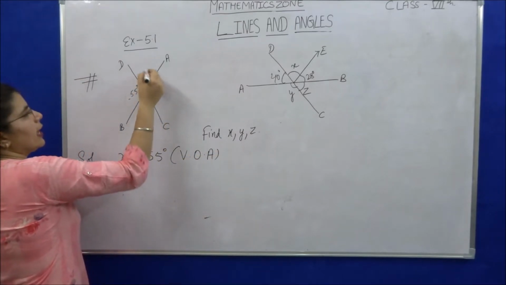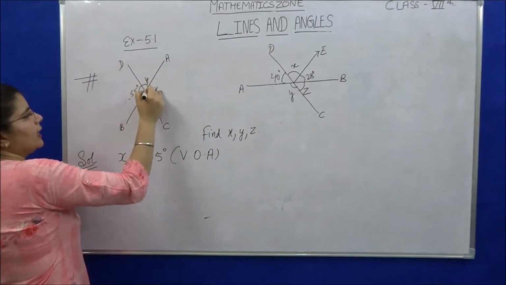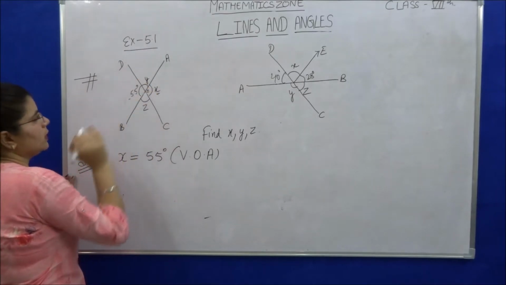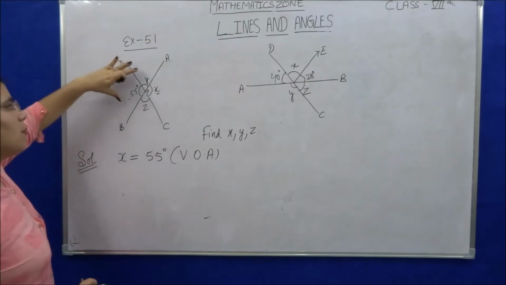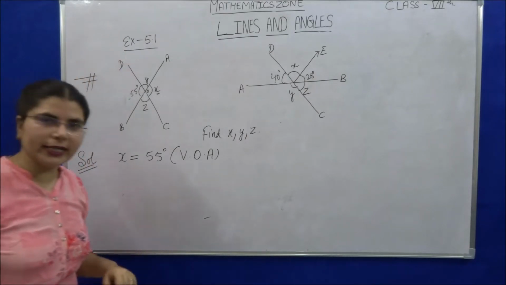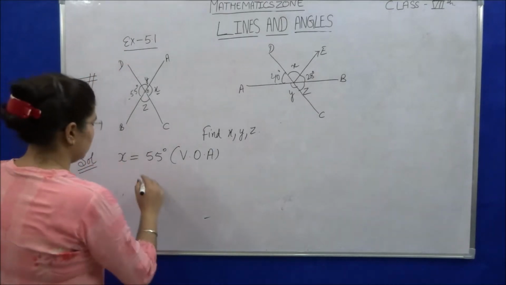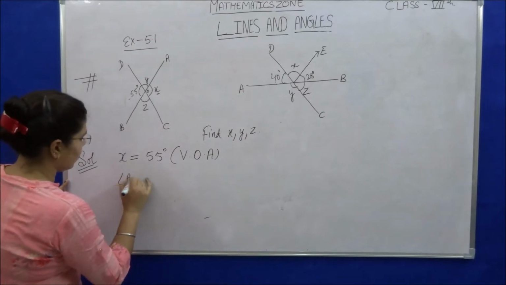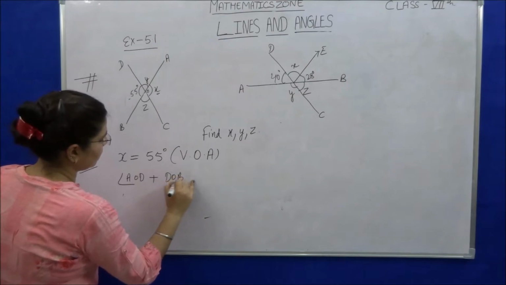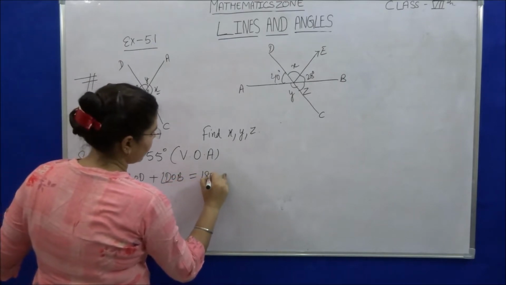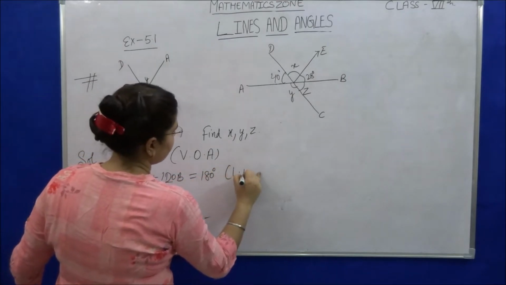Now angle AOD and angle DOB, the sum of these two angles is equal to 180 degrees by linear pair angles. So angle AOD plus angle DOB is 180 degrees by linear pair.